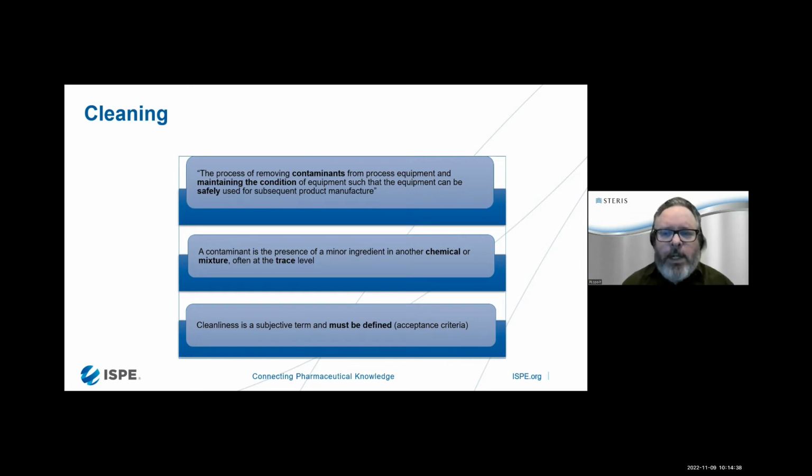And when we're talking about a contaminant, it's the presence of a minor ingredient in another chemical or mixture, often at trace levels. So very small amounts on the surface. And cleaning is a subjective term. So we need to look at defining this and setting appropriate acceptance criteria for this.